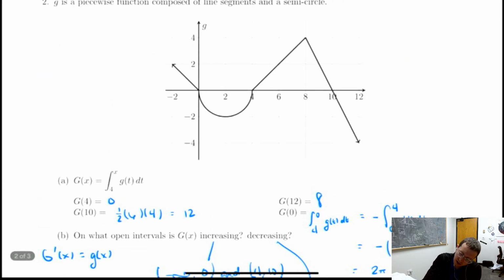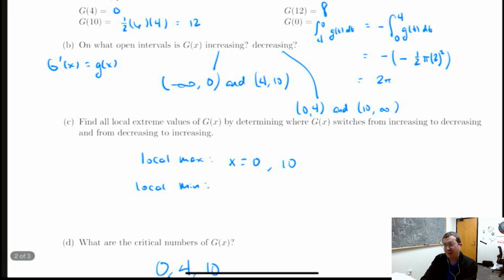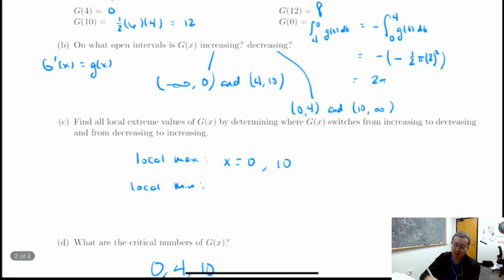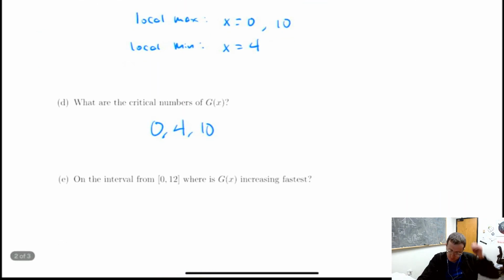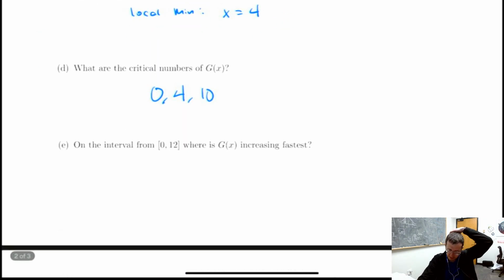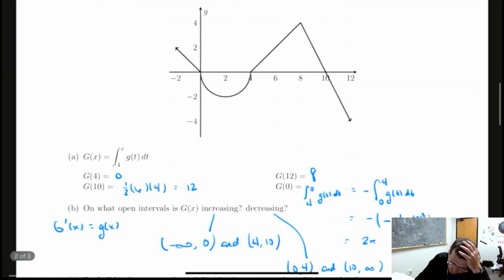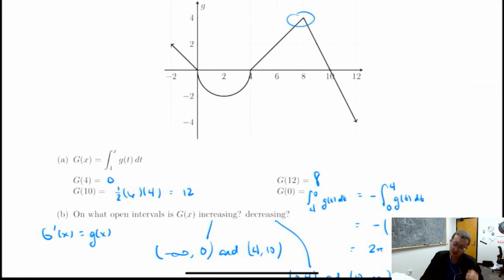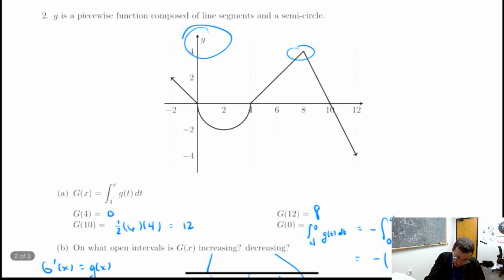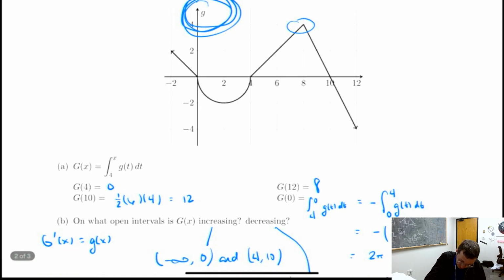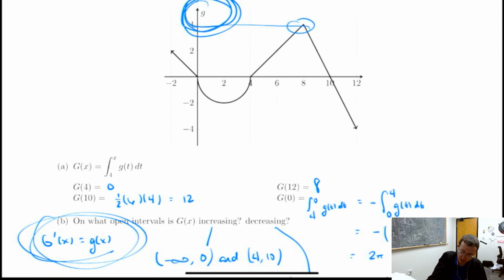Whereas at x equals 4, the derivative goes from negative to positive, meaning that capital G goes from decreasing to increasing, which is a local minimum. On the interval from 0 to 12, where is g of x increasing fastest? It's increasing fastest at time 8, because that's when its derivative is the largest.